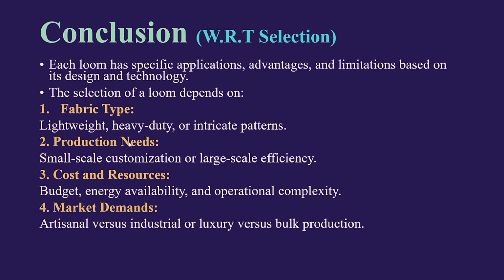Production needs: small scale customization or large scale efficient production. Cost and resources include budget, energy availability, and operational complexity. Market demand: artisanal versus industrial, or luxury versus bulk production. These are the variables for selection of the looms.